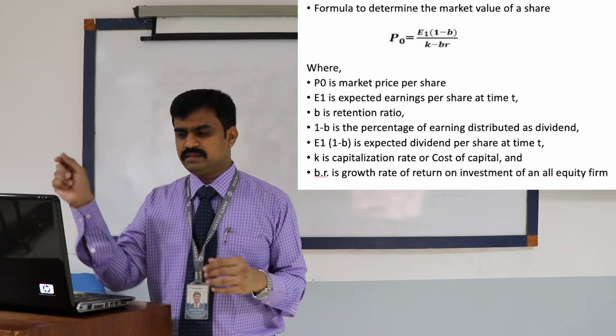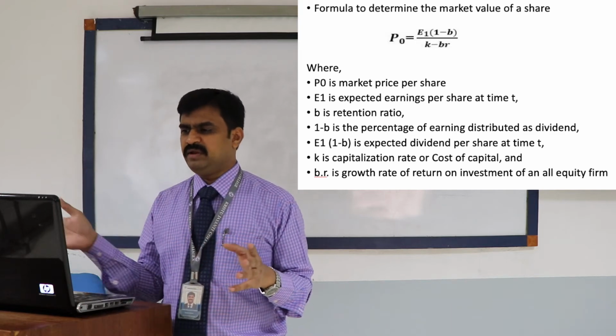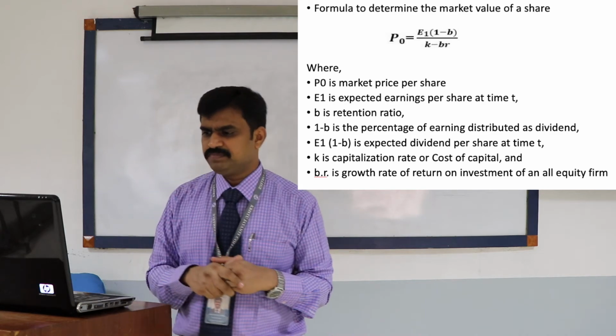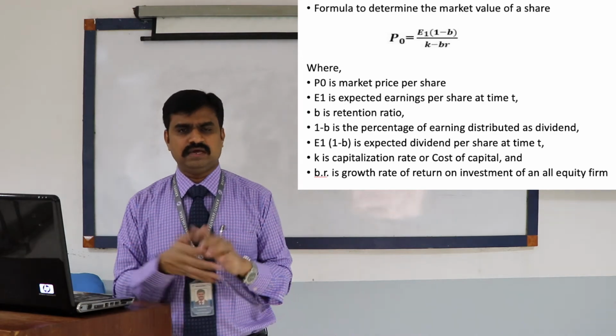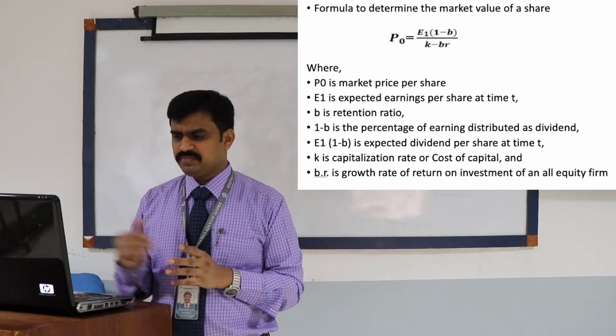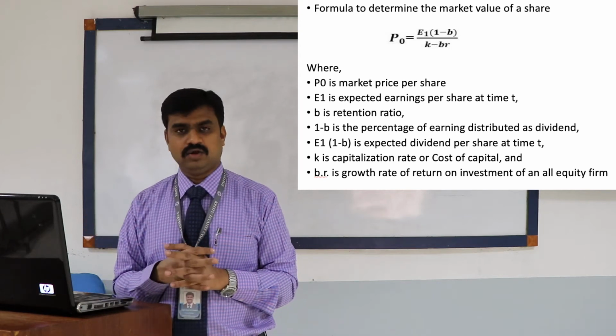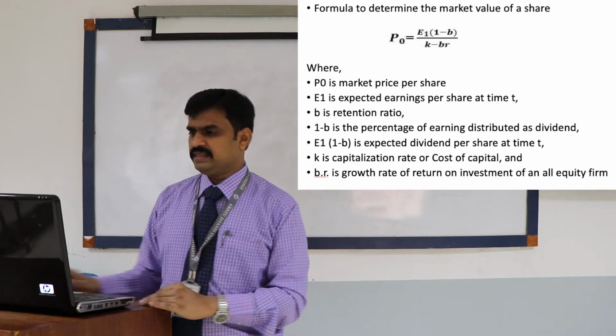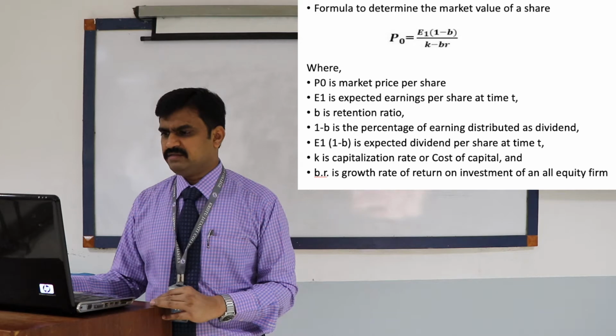When you multiply E1 by (1 − B), you get the expected dividend per share at time T. K is your cost of capital or the capitalization rate, and when you multiply B by R, it is called the growth rate. You get the growth rate on the investment of an all-equity firm. That is the formula to determine the price of the share.